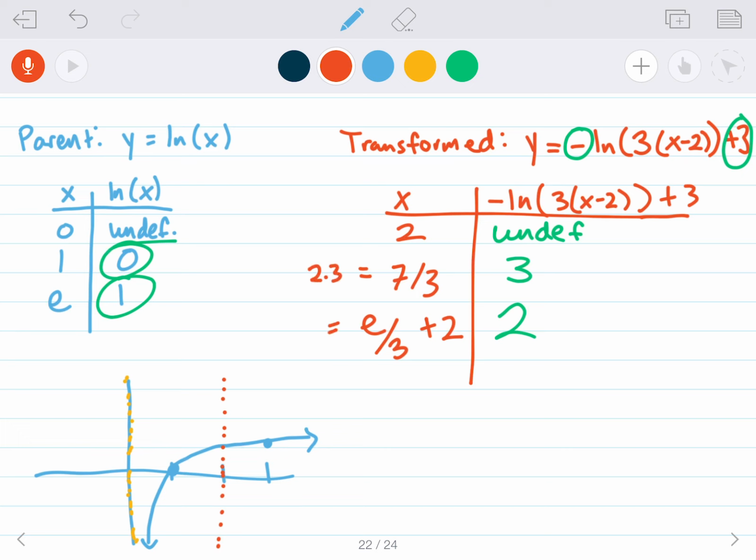And actually, let's see what e over 3 plus 2 is. So e divided by 3 plus 2 is going to be about 2.9. So this is about 2.9. So at 2.3, I have 3. And at 2.9, I have 2.